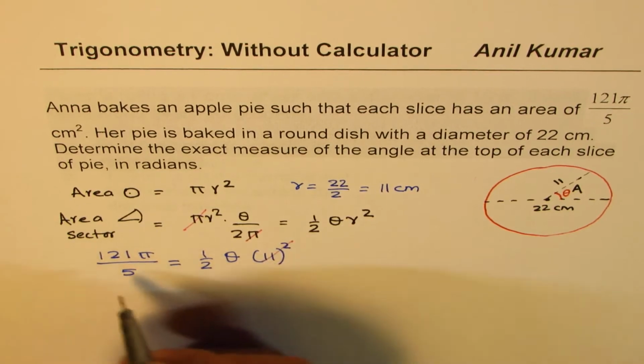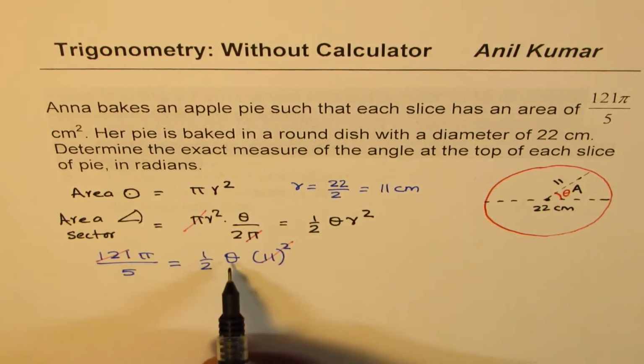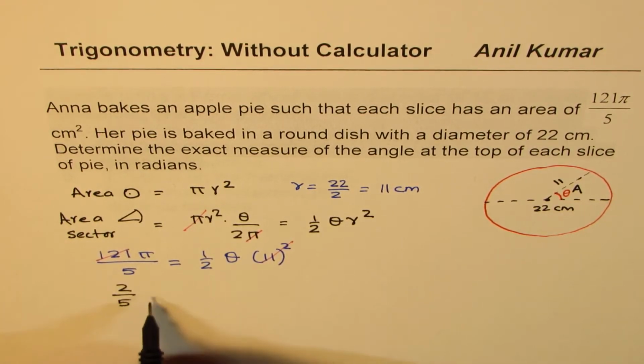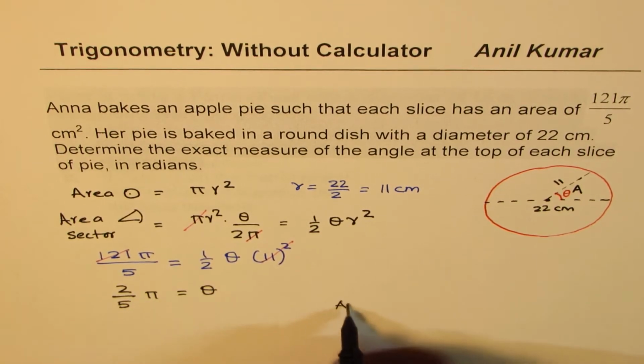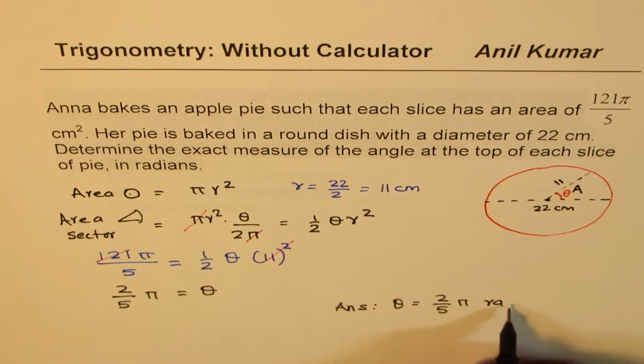Now 11 square is 121, so that cancels. And we get the value of theta as 2 over 5 pi. So our answer is theta equals 2 over 5 pi radians.